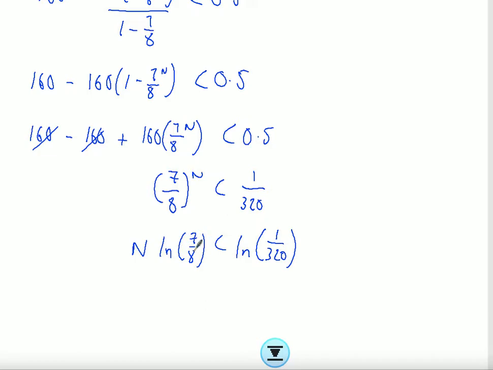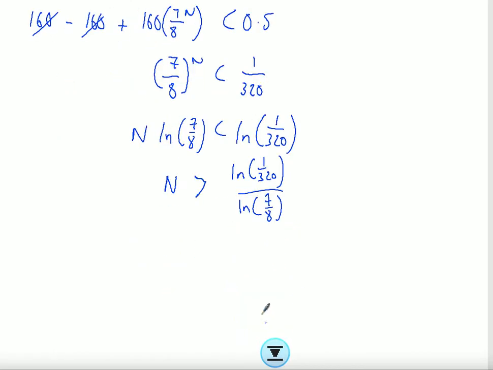Now, just from experience really, I'm just going to double check what ln 7/8 is. Ha, sneaky. So ln 7/8 is actually a negative number. Okay, so when I divide both sides by a negative, it's going to change this inequality symbol. So n is going to be greater than ln 1 over 320 divided by ln 7/8.